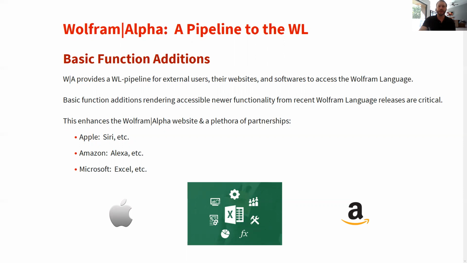Basic function additions rendering accessible Wolfram language functionality in Wolfram Alpha is critical to both the development of the web page everyone associates with Wolfram Alpha most readily, and critical to the development of content for web API accessibility and partnerships in which software accesses the Wolfram language via Wolfram Alpha.